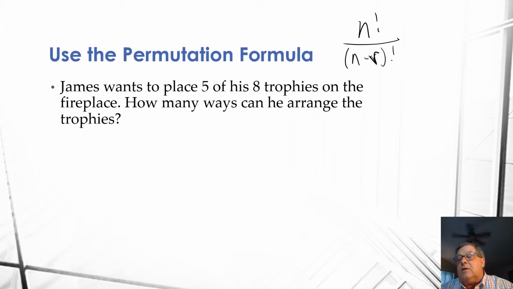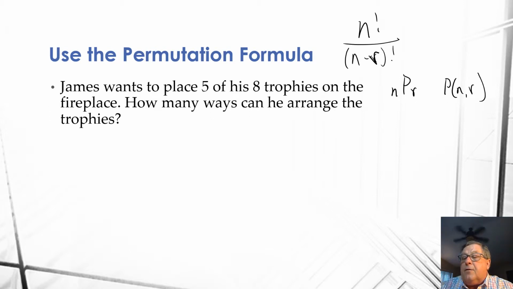Another way we can represent this is n P r, where n still represents the number of objects, r still represents the number of spaces, but P is telling us it's a permutation. Or you may see it like this, n comma r.